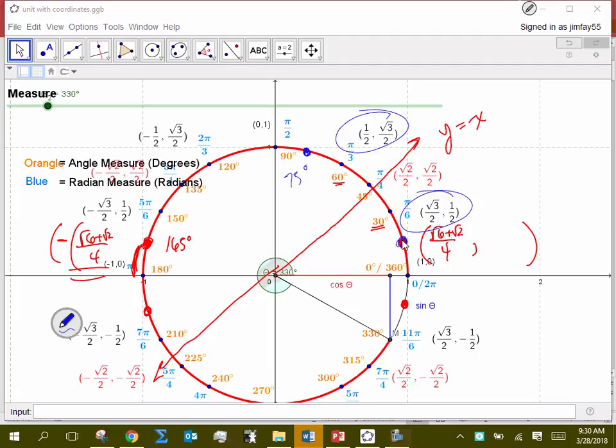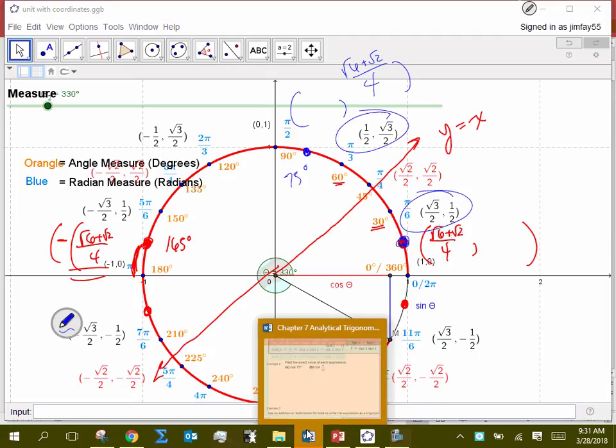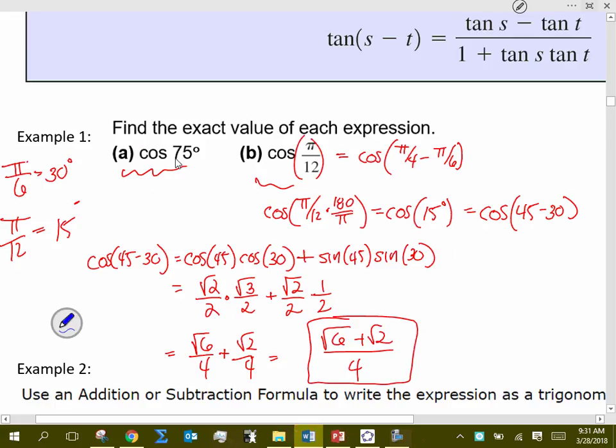That is going to flip-flop with that one right there, 15. Okay? So when I come up here and I ask what is the sine of 75, it's going to be the same thing as the cosine of 15. It's going to be radical 6 plus radical 2 over 4. So if you go back to yesterday's video, we walked through this one, but we also at the same time did the sine. The sine of 75 is going to be the exact same thing as the cosine of 15. Okay.